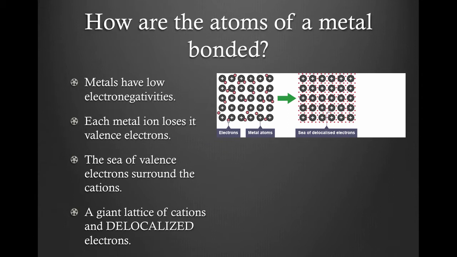And so what we see in metals is a sea of metal ions surrounded by a sea of valence electrons. And so the force of attraction, and we know it's a very strong one, especially when we look at the physical property of melting, the attraction is between the metal ion and all of the electrons in the sea of electrons.